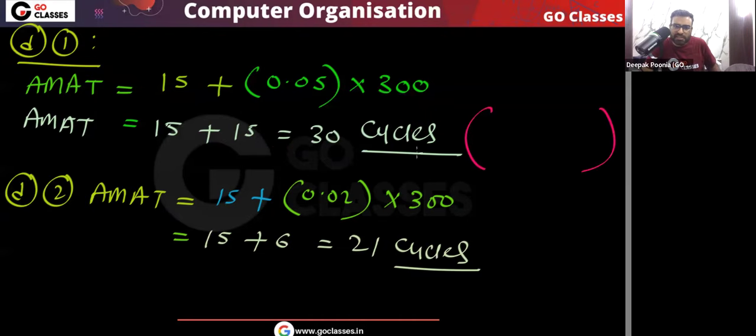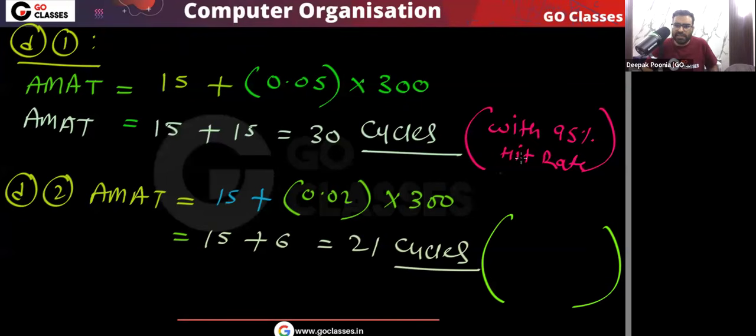Now we have improved the hit rate only by 3%, not by much, from 95 to 98%. But how much improvement has happened in the average memory access time? They can also ask you this. This is an interesting question.